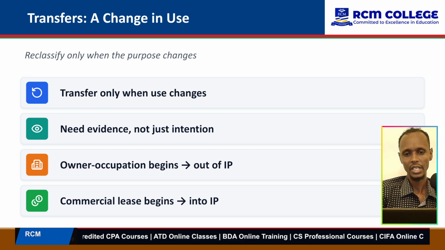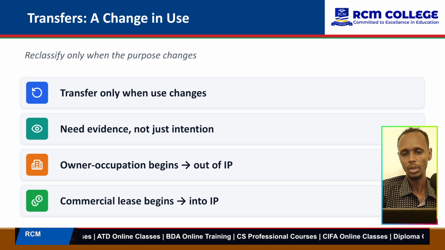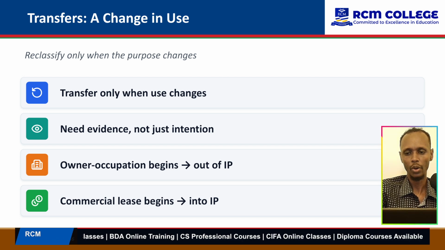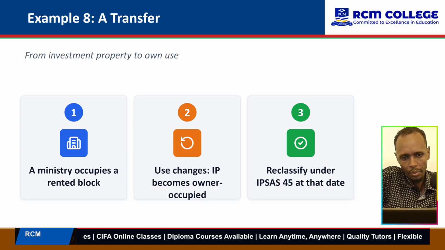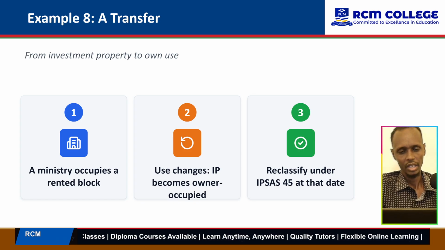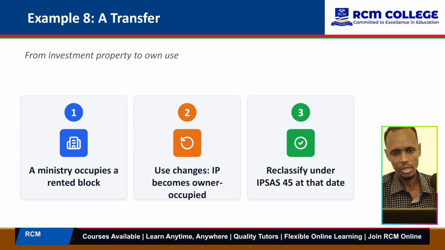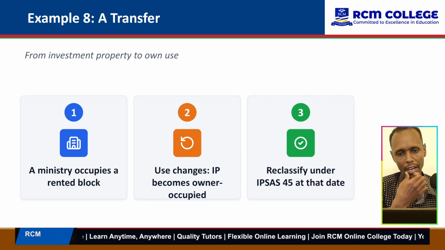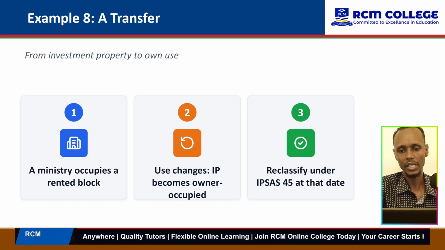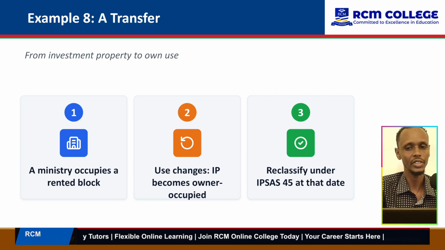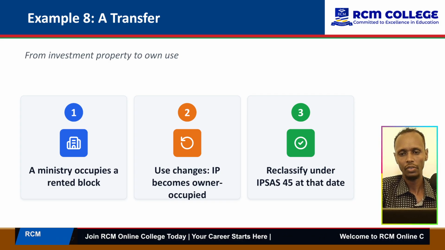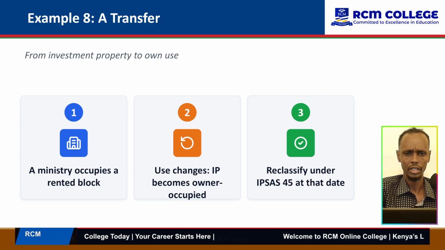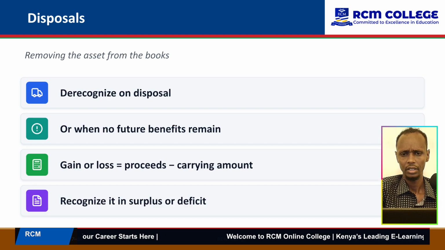When commercial leasing begins, then it comes into investment property. Okay, so a ministry occupies a rented block. Use changes. Investment property becomes owner occupied. You reclassify under IPSAS 45 at that date.